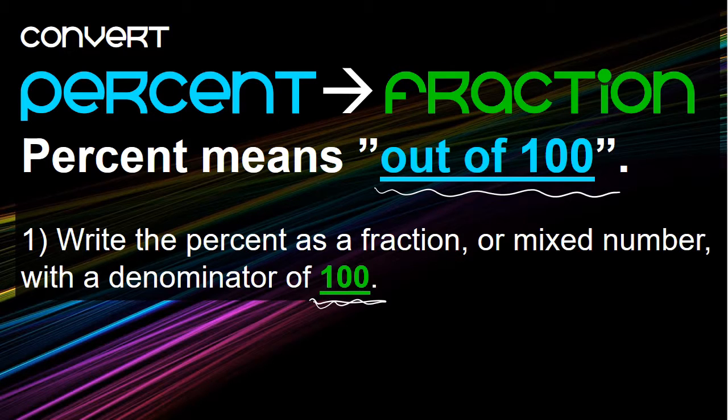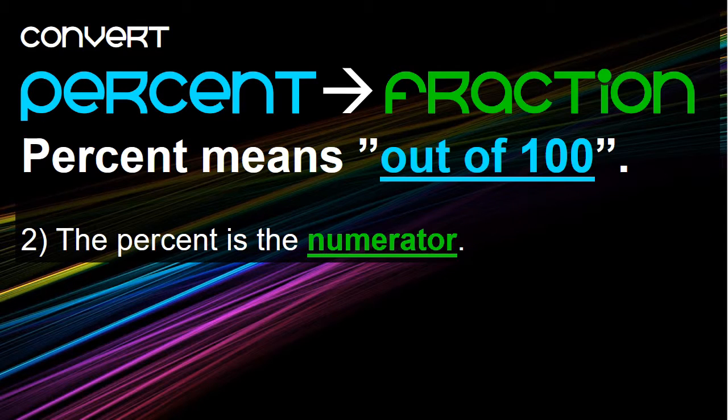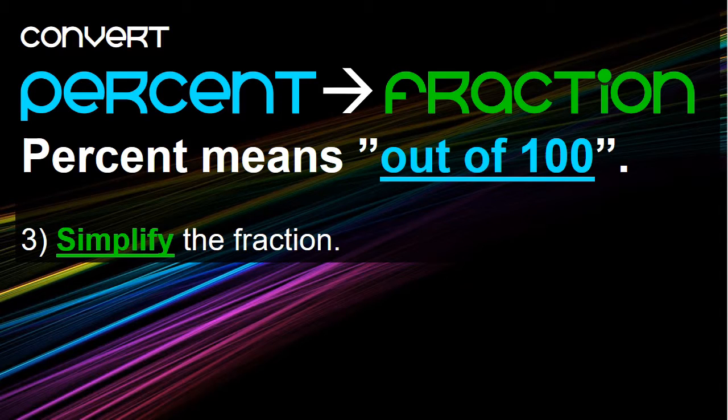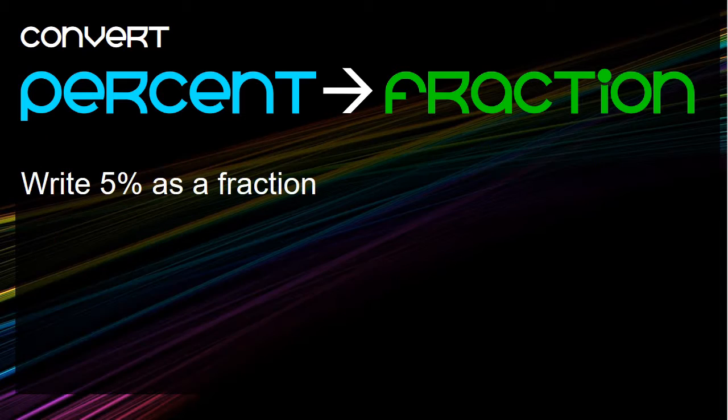In our second step, the percent is going to be our numerator. And our third step, as always, anytime we have a fraction, we're going to simplify. Wish I had a cool sound effect for that, but I don't.